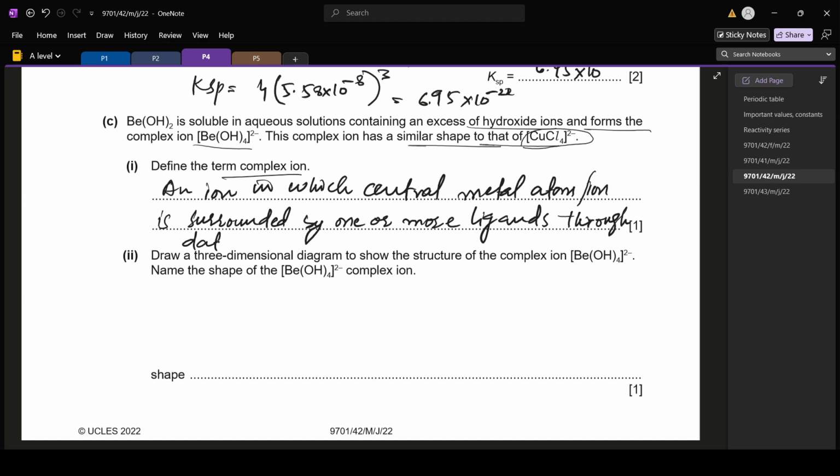So this is the definition of complex ion.